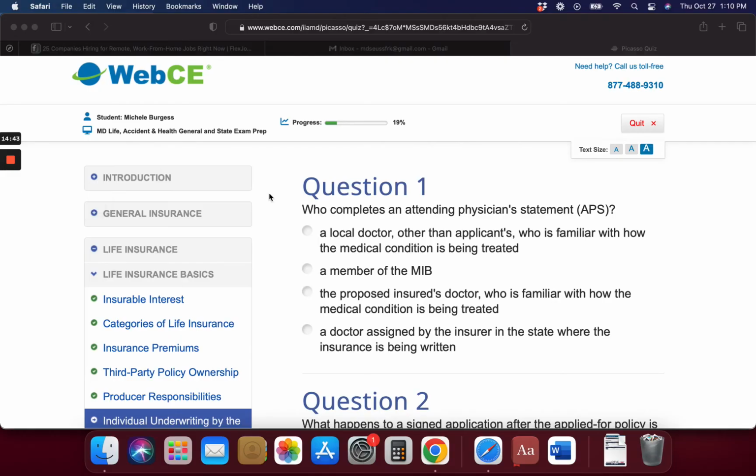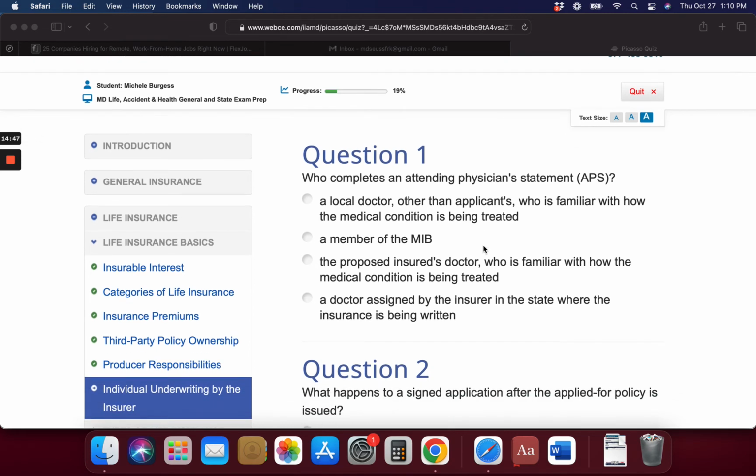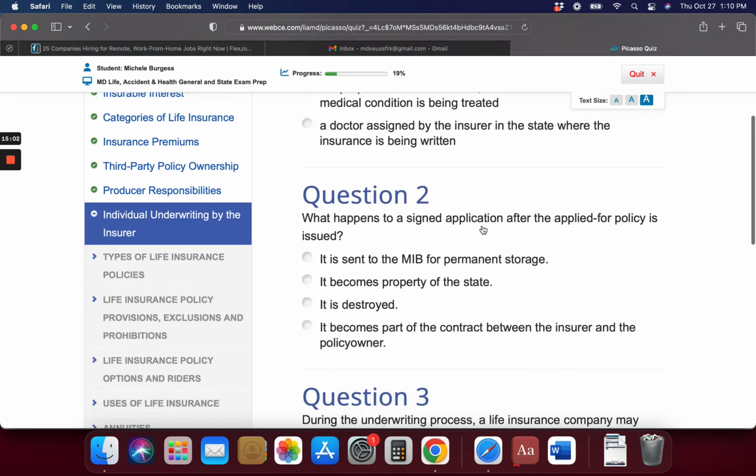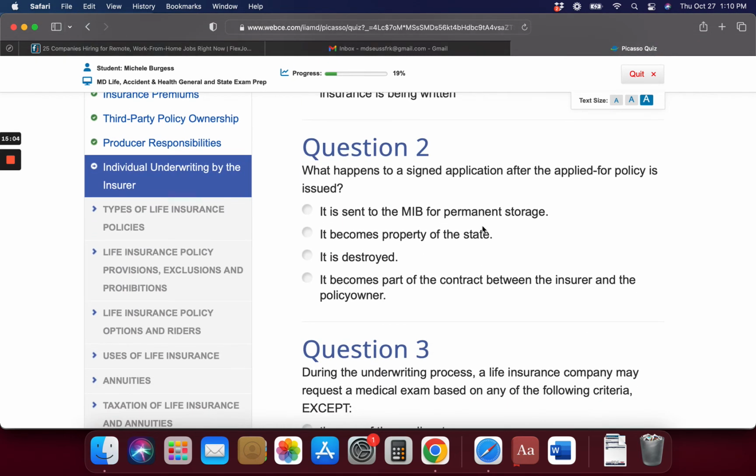Okay, so here are the questions for this chapter. Who completes an attending physician's statement? The proposed insured's doctor who is familiar with the medical condition being treated, I am guessing. What happens to a signed application after the policy is issued?